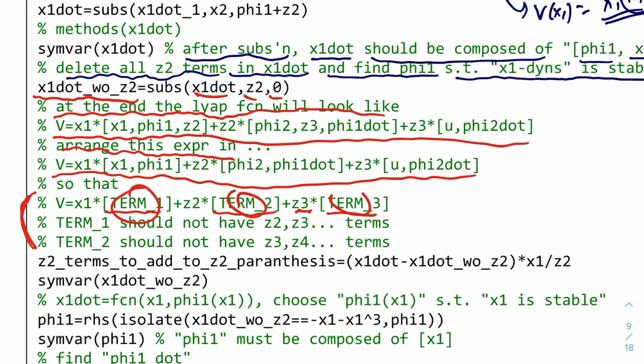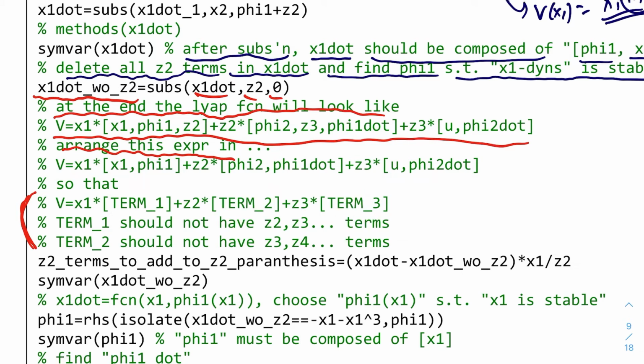Term 1, term 2, and term 3 need to satisfy some constraints, and the constraints are the following. Term 1, for example, shouldn't have z2, z3, dot, dot, dot. When I say dot, dot, dot, I mean z2, z3, and any other z sub i terms. And term 2, right?